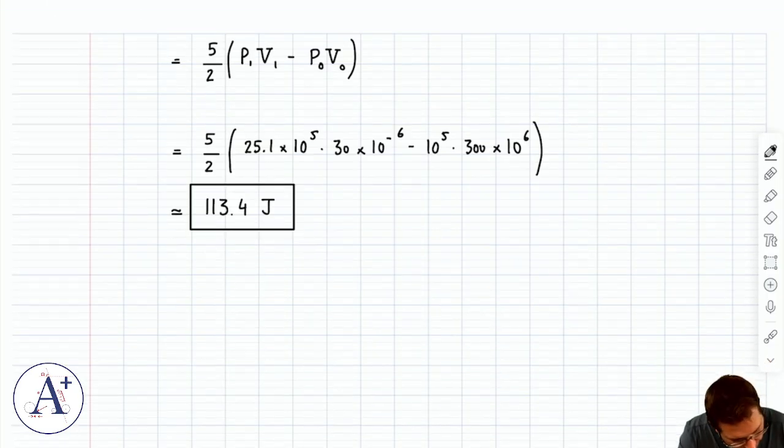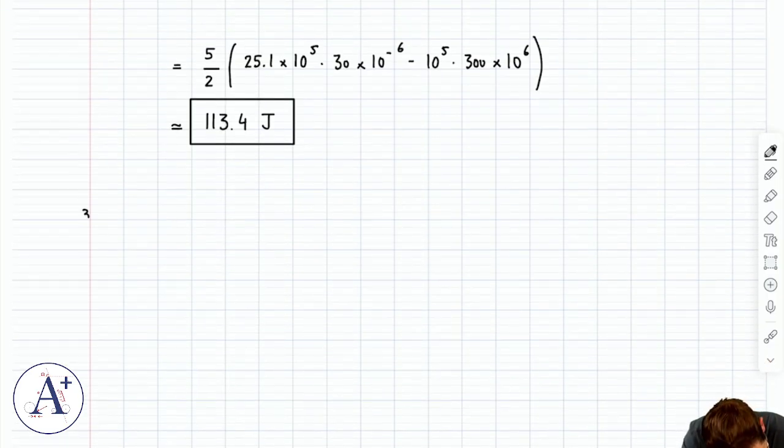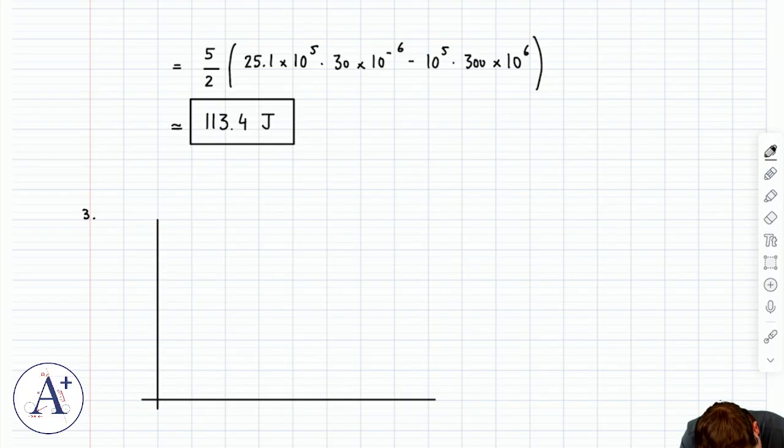Okay, and then finally, plot this thing in a PV diagram. Okay, easy enough. This is a PV diagram.